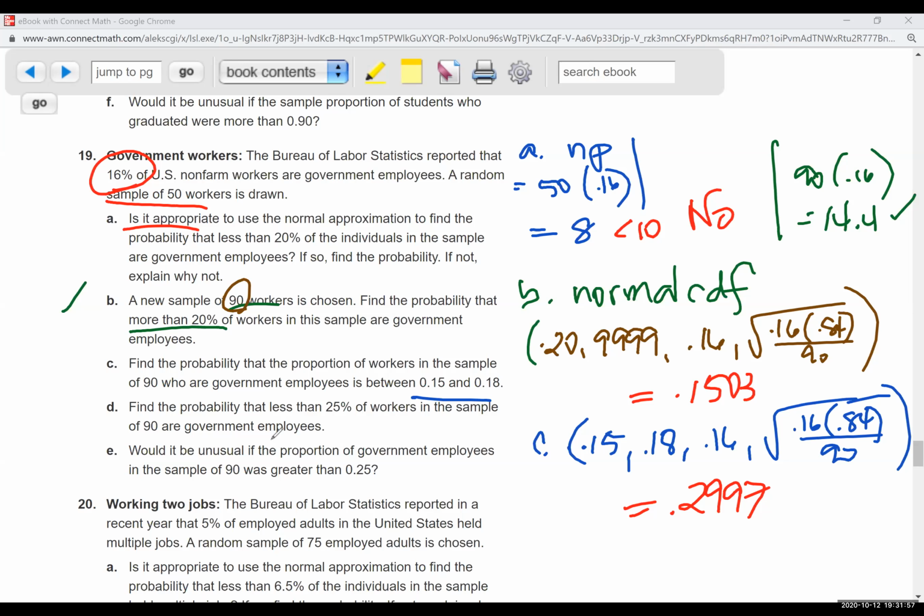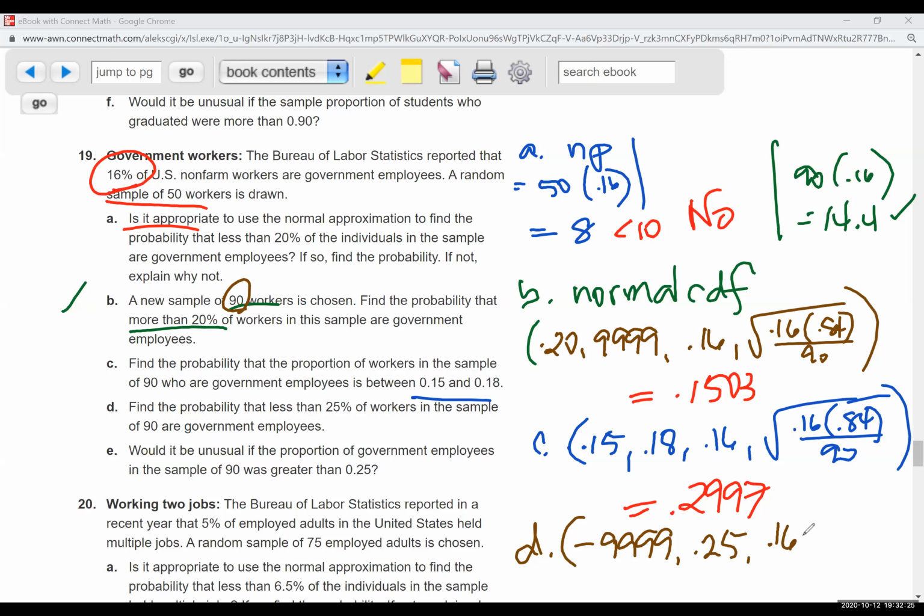Letter D. Less than 25%. So negative 9999, less than 25%.